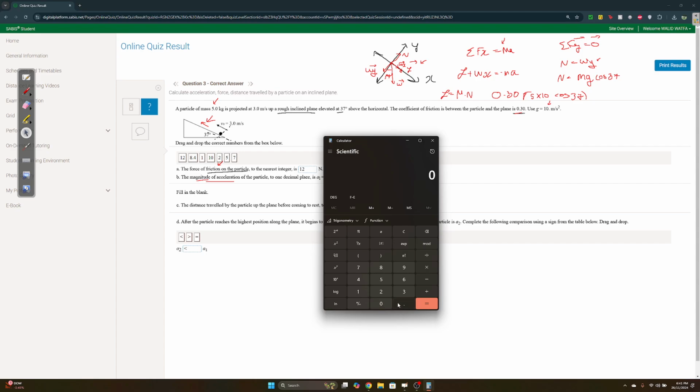So 0.3 times 5 times 10, and then times cosine. So 22.5 times cosine 37.